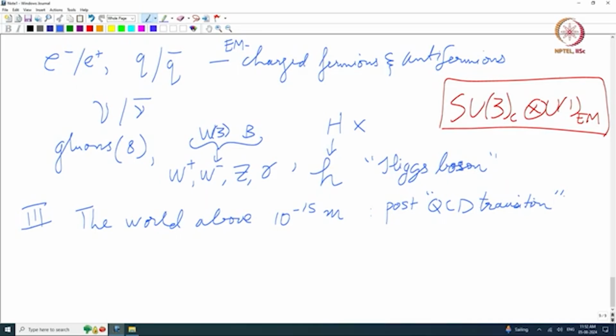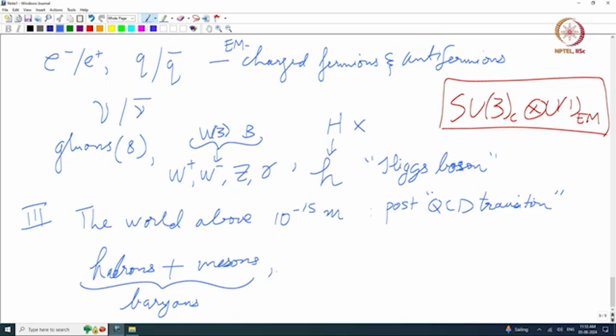So now the degrees of freedom are hadrons and mesons, collectively called baryons.